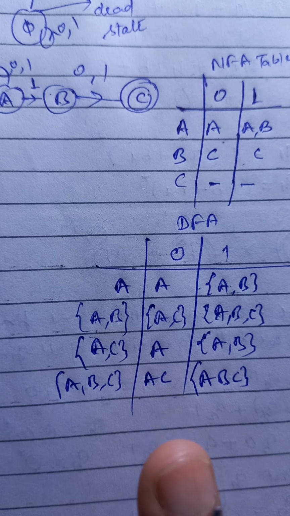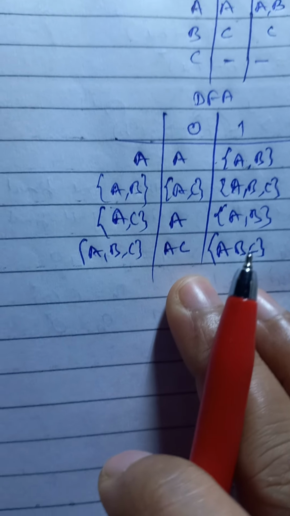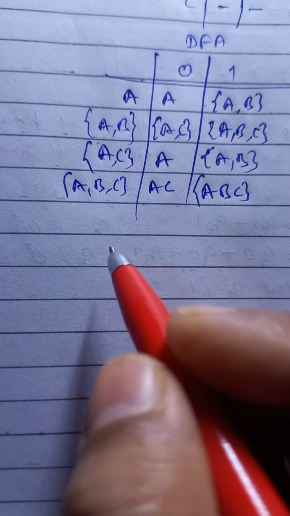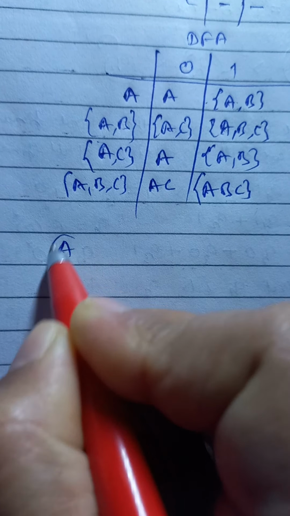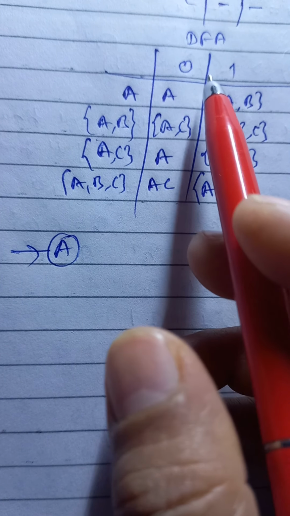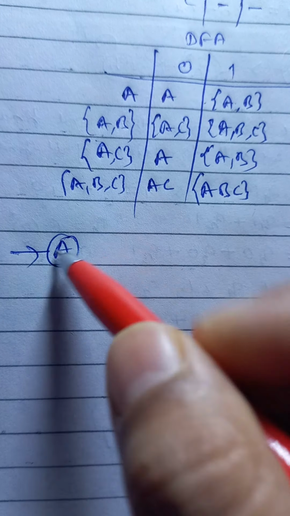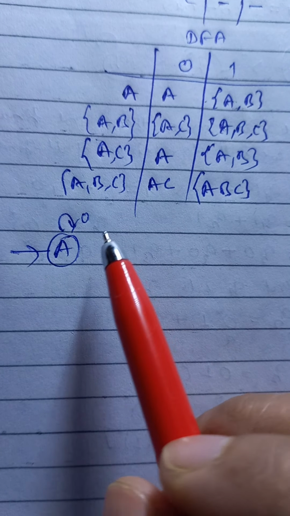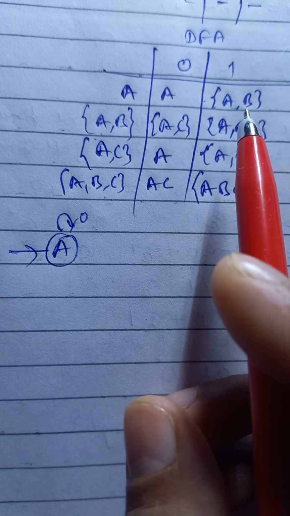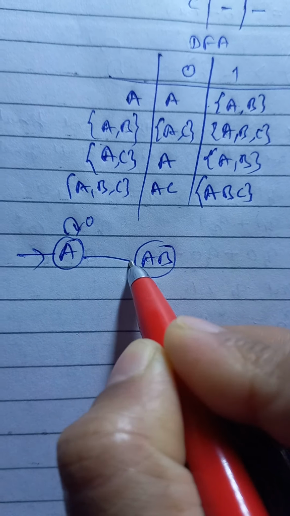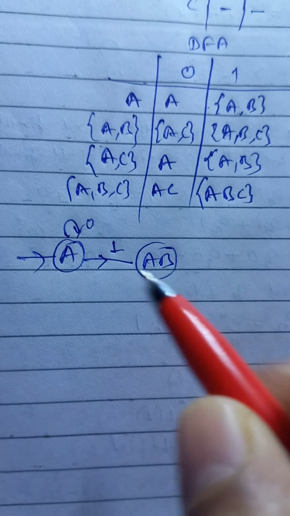Now we can make the diagram according to this table. Start with the initial state A. For 0, there is a loop, because A goes to A only, and for 1, we have AB. So we will make AB as a new state with the transition 1.